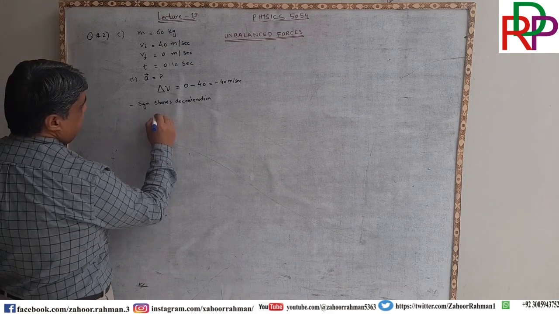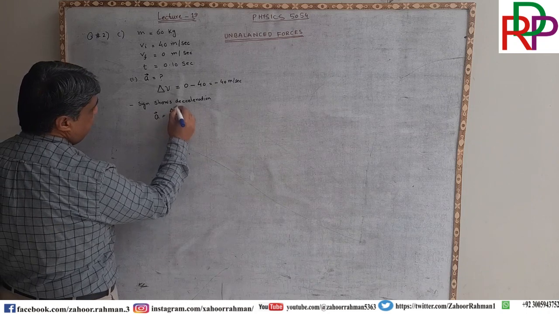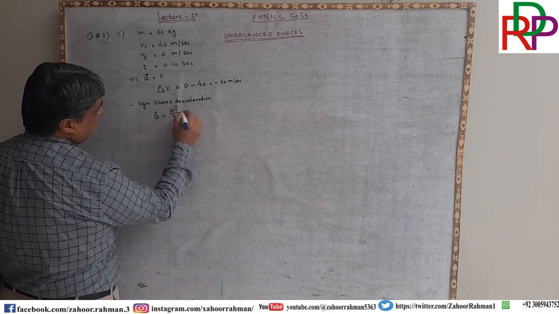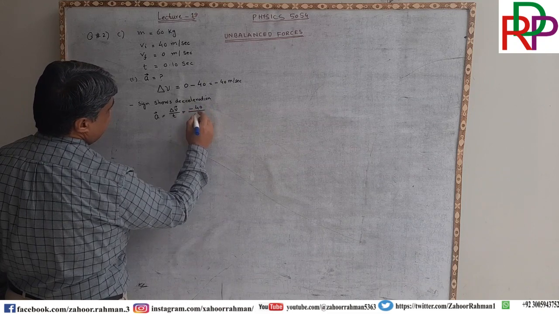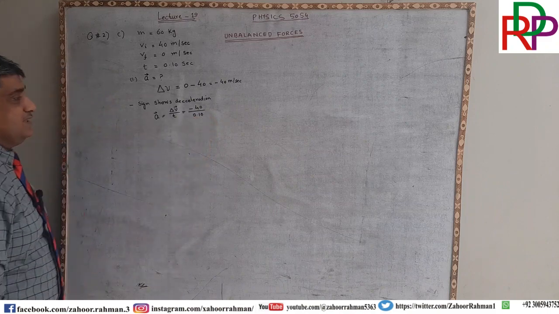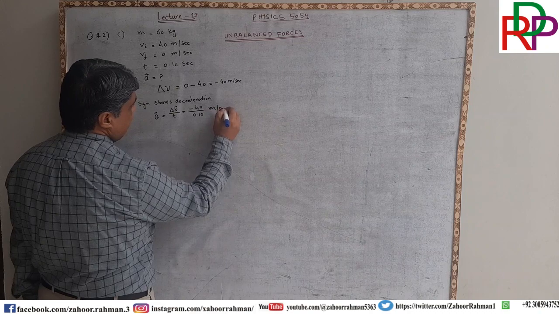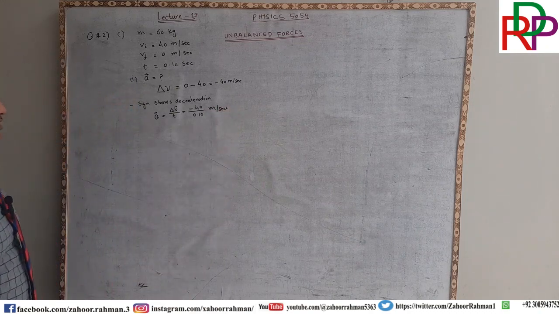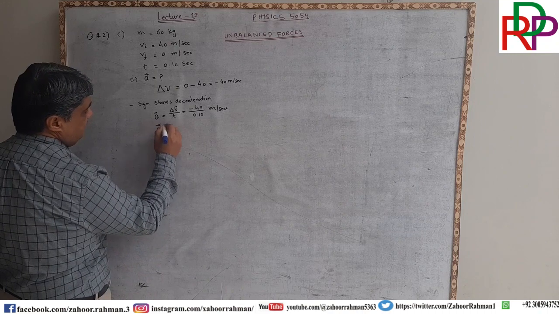Now A is equal to delta V divided by T. So delta V is minus 40 and T is 0.10, and that will be meter per second square, because the unit of acceleration is meter per second square.